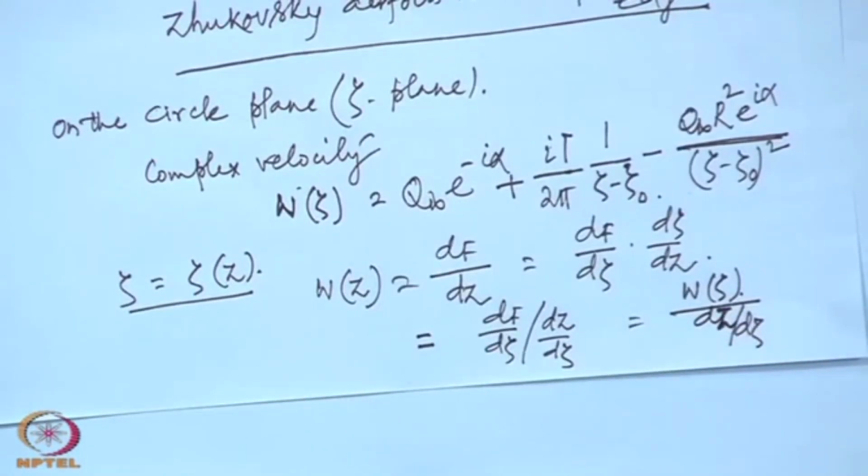So, once we know the complex velocity at any point, we can find out what will be dz d zeta at that point and find the velocity on the z plane or the airfoil plane.